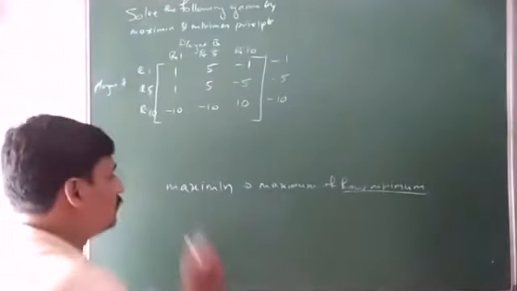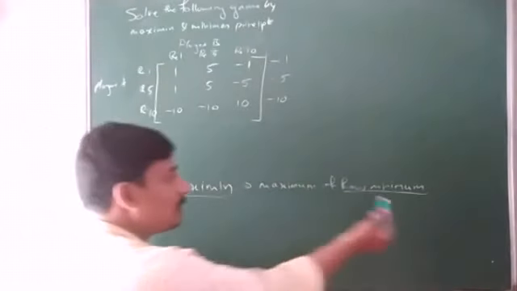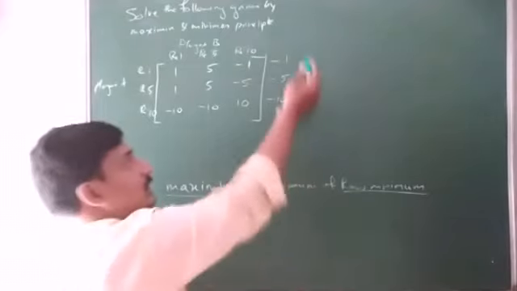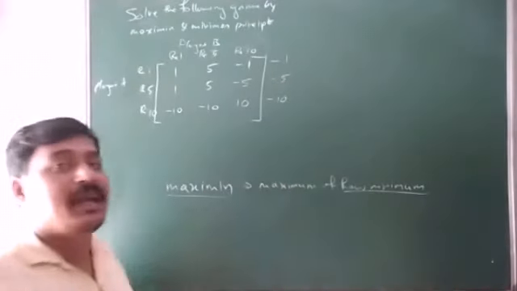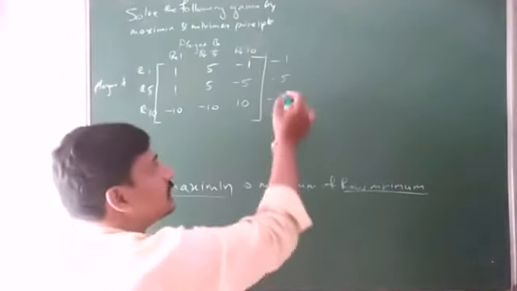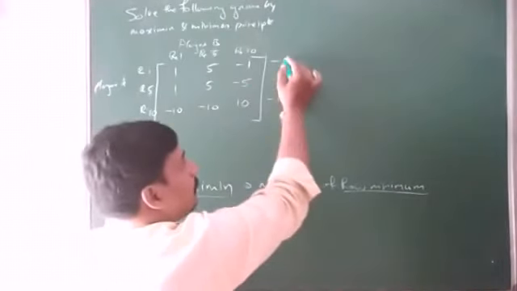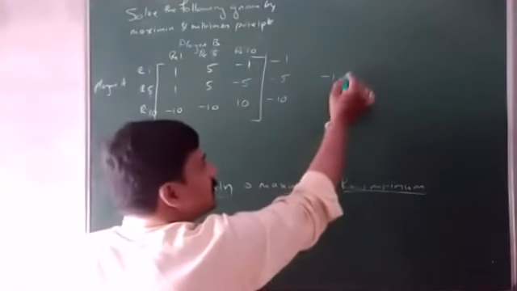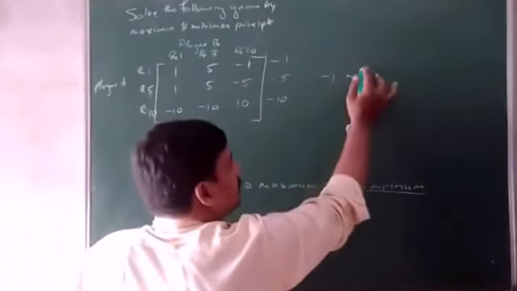Maximin. Maximin means maximum of row minimums. Among -1, -5, -10, maximum is -1. This is Maximin.